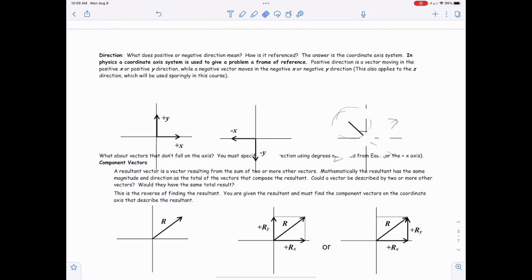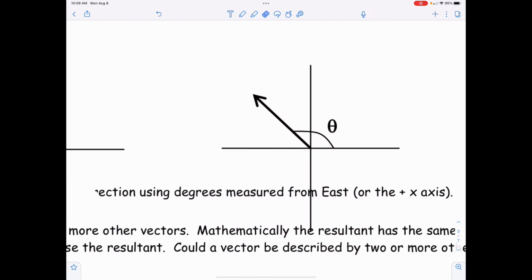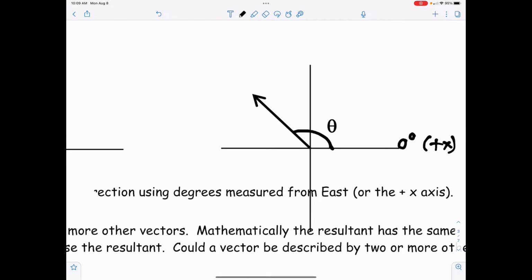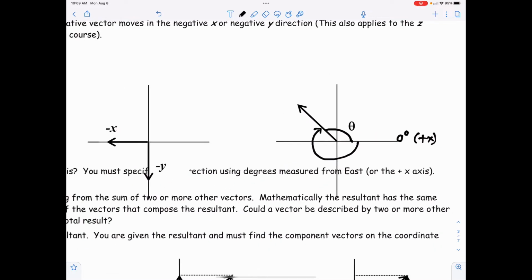With those 4 possibilities, you're going to be referencing the vector with an angle. One thing to note, positive angles are counterclockwise from 0, or the positive x-axis. Negative angles are clockwise from that same origin point.